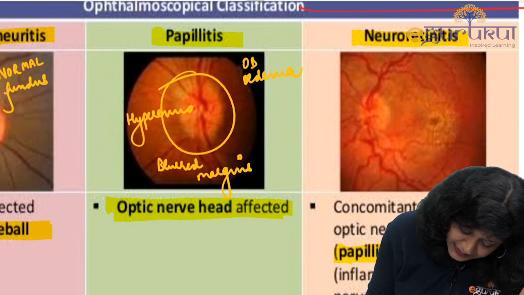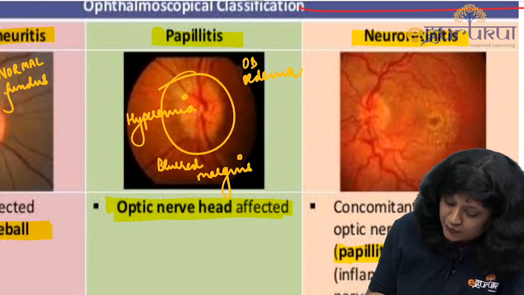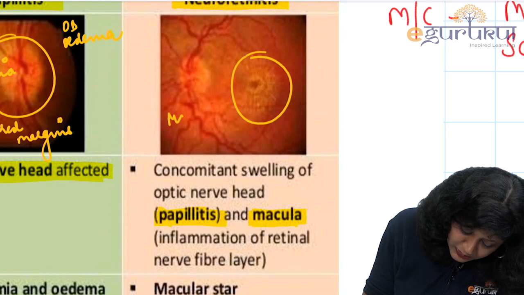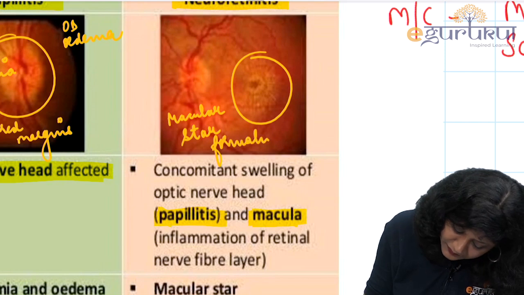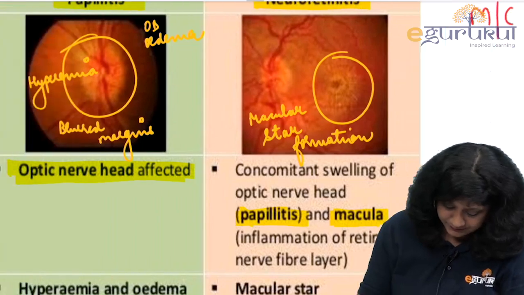That means congestion, edema, and blurring of margins. While in cases of neuroretinitis, we get the typical macular star formation.